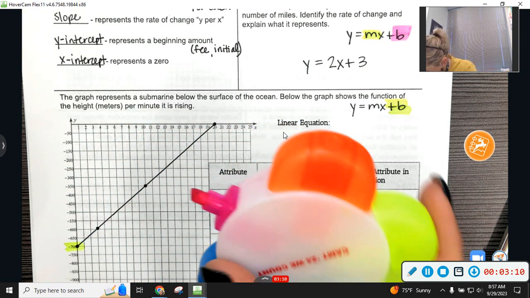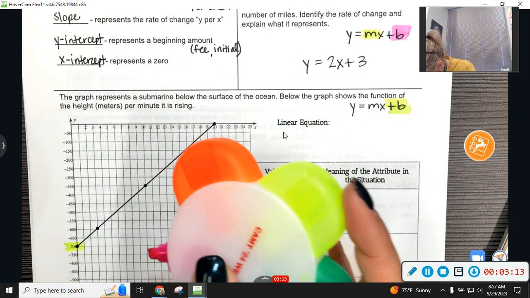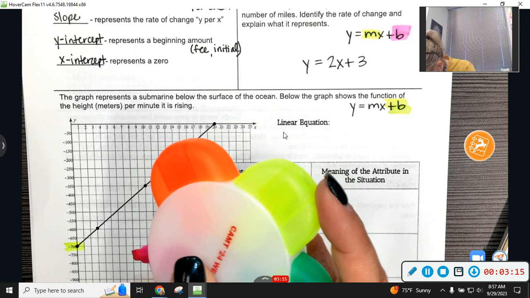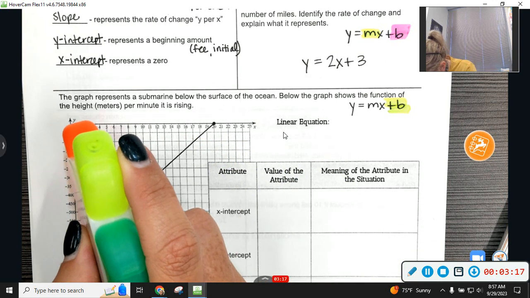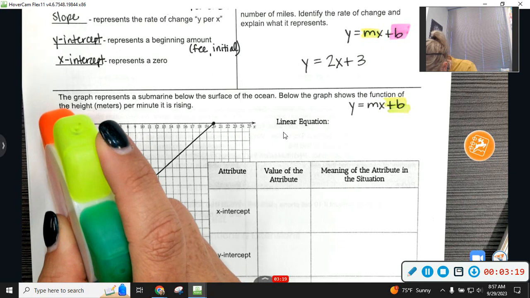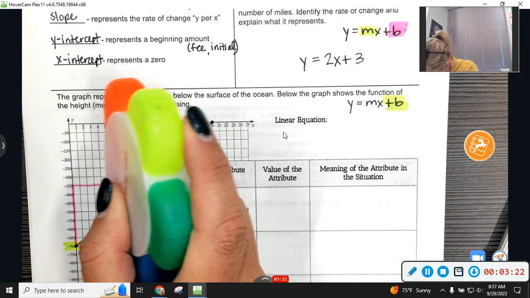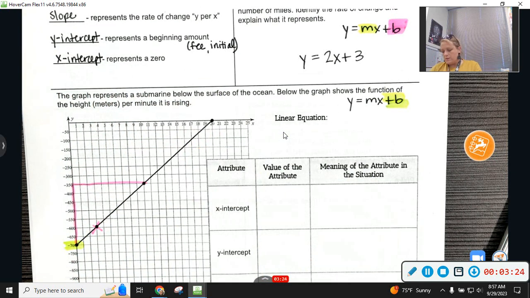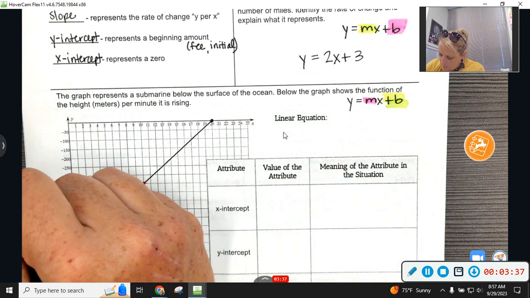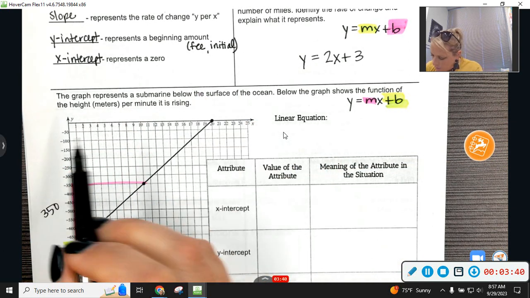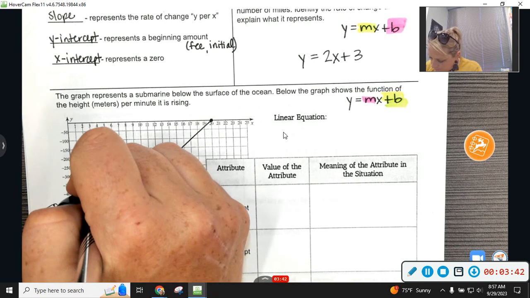So as I count, this is actually not a good point, so don't use that one. Rise over run. We need to count how many we go up and how many we go over. So actually my m, I go up 350 and I go over 10.